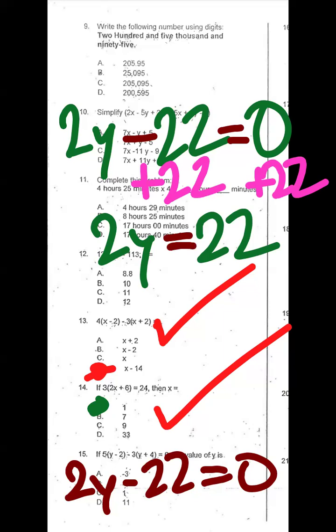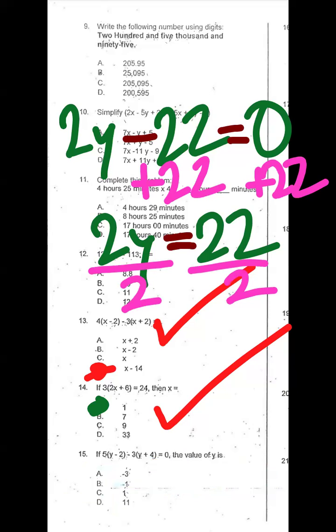And of course, once that happens, we divide both sides by 2. So with this in mind, what do we end up with? We end up with y is equal to 11.